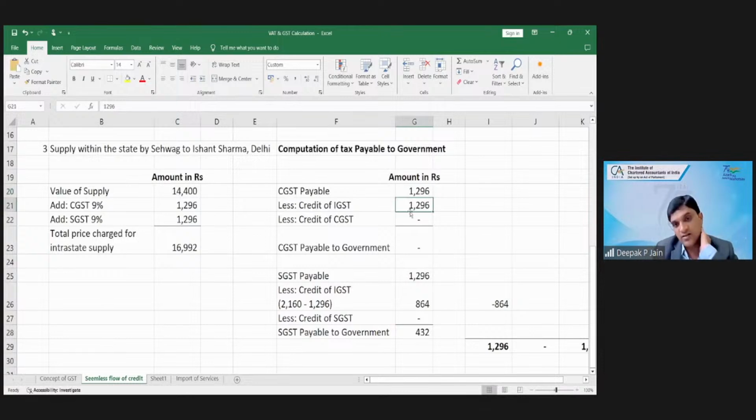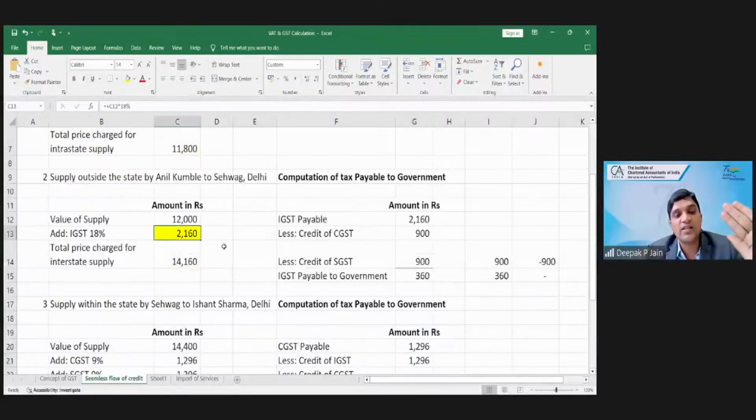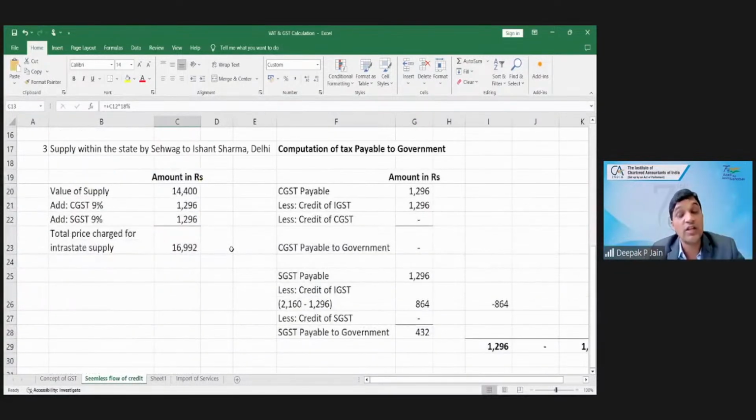Now credit, does he have credit of any CGST or SGST? No, he purchased from Sehwag and was charged IGST of 2,160. So he has a credit of 2,160. He will utilize that credit for payment of CGST first, and then SGST of 1,296 is payable, that he will pay through the credit of IGST. How much is the credit of IGST?